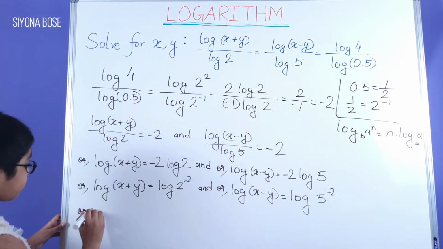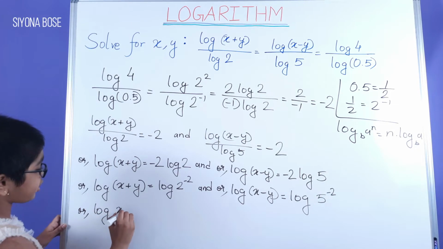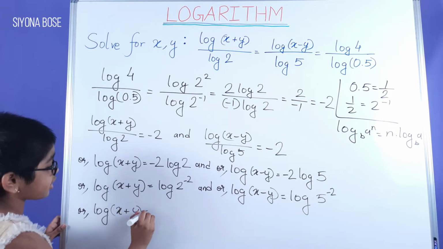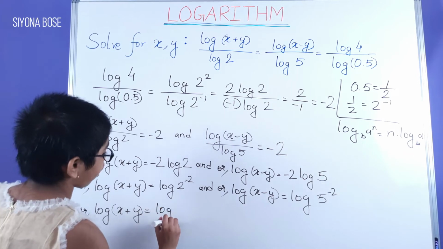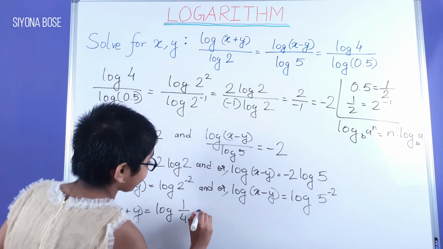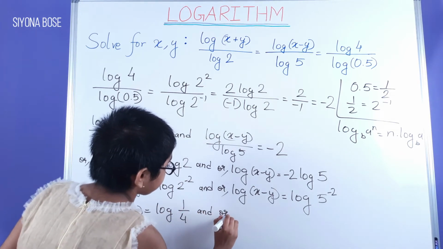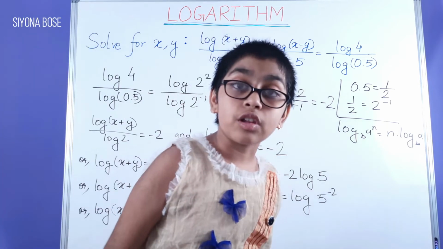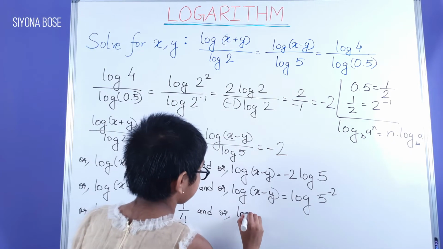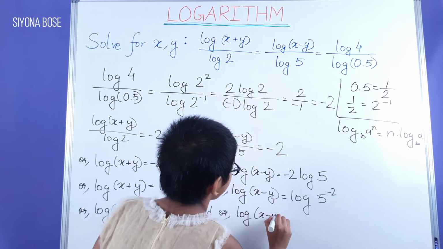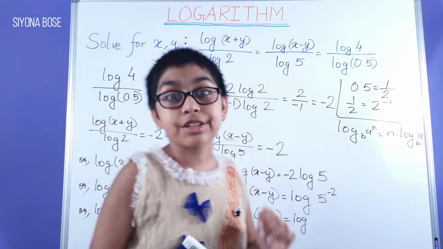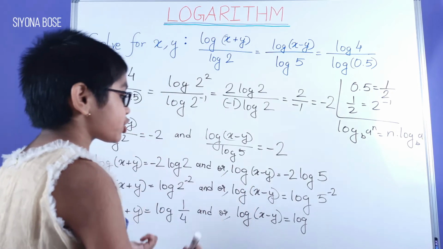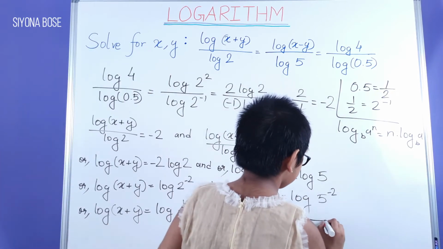So log of (x plus y) is equal to log of 1 by 4, and log of (x minus y) equal to log of 5 to the power of minus 2, which is 1 by 5 squared, which is 1 by 25.